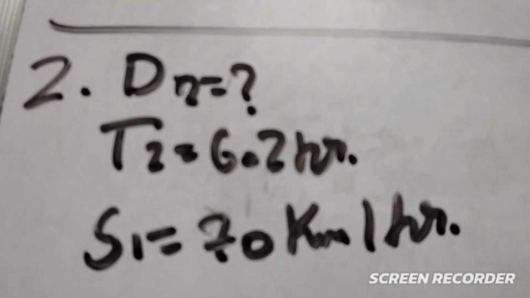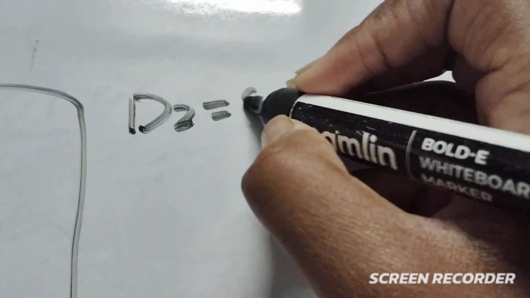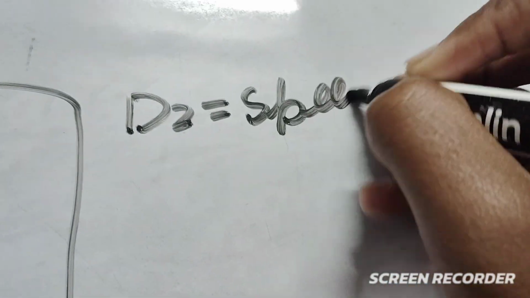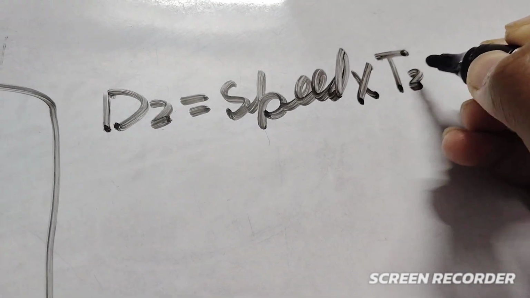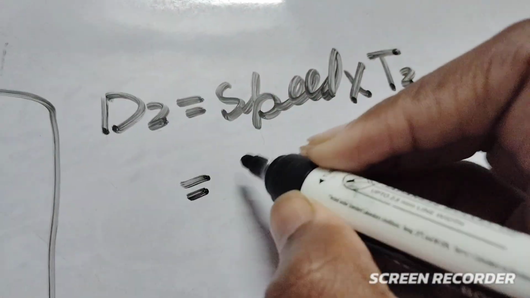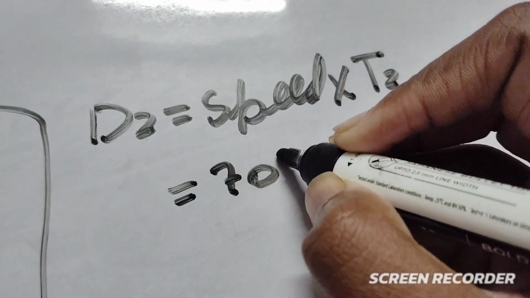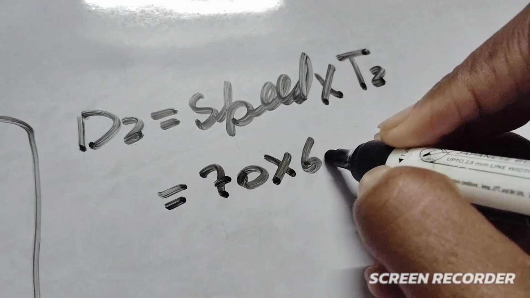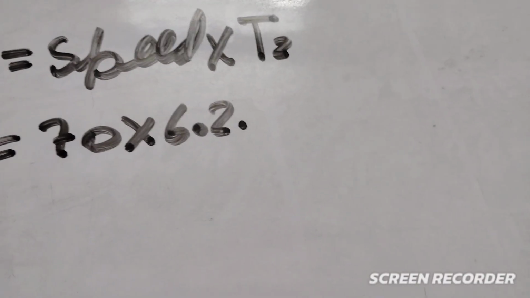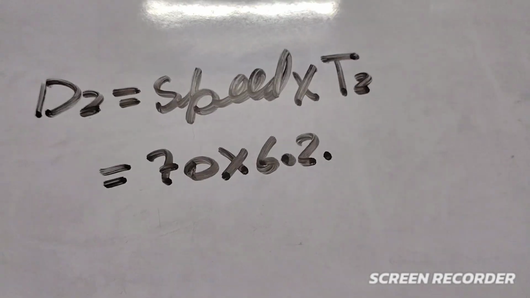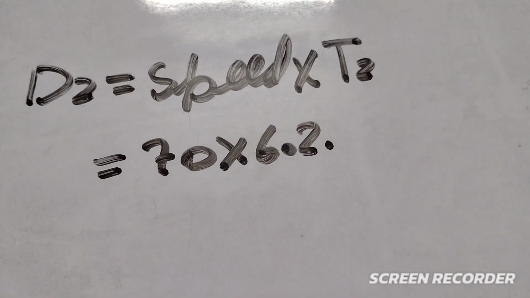Now speed is this. For taking out the distance, we have to multiply speed and time, and that is equal to 70 into 6.2 hours, and we will do it as rough work. I will not show you the rough work in a simple way.